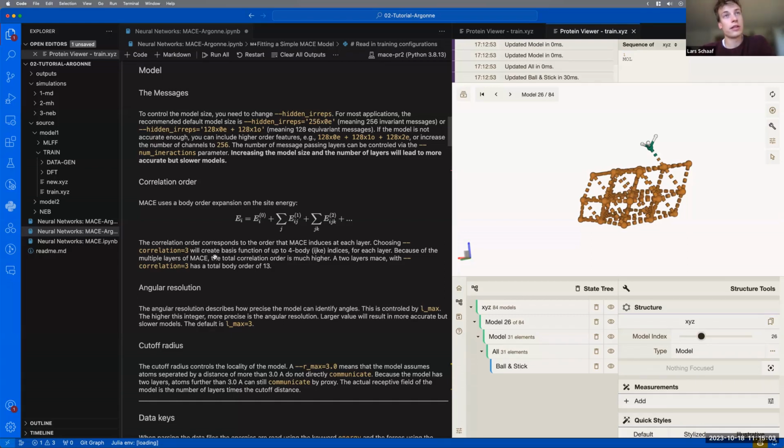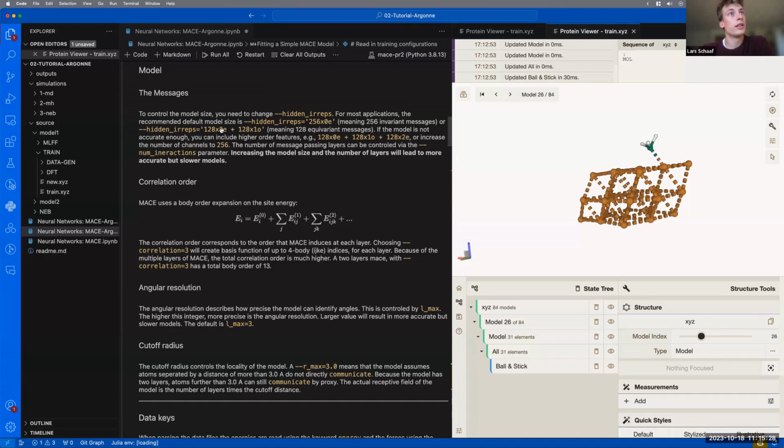Then there are messages passed that contain the description of this many-body environment, and this is where you specify how large these messages are. So in this case, we would have 128 channels, and we include an invariant, so L equals 0, that's what the 0 stands for.